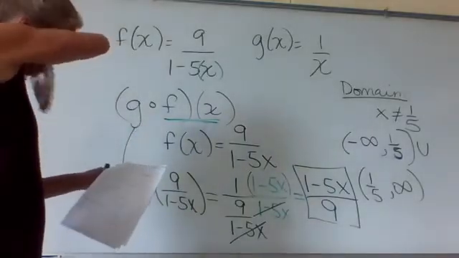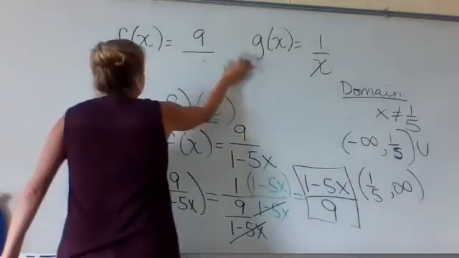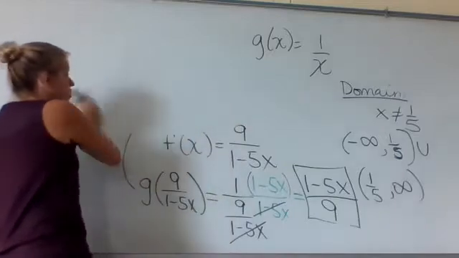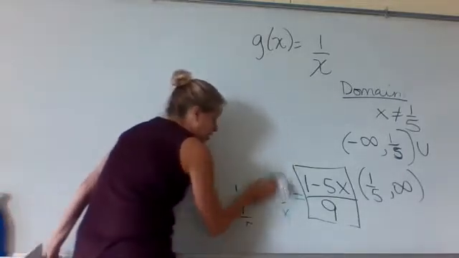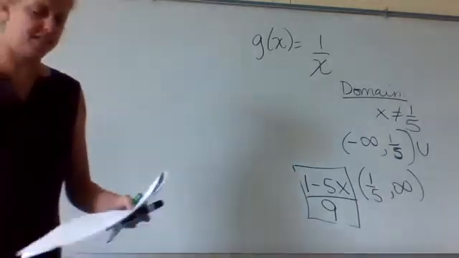All right, number 18 talks about determining whether a function is one-to-one by using the horizontal line test.